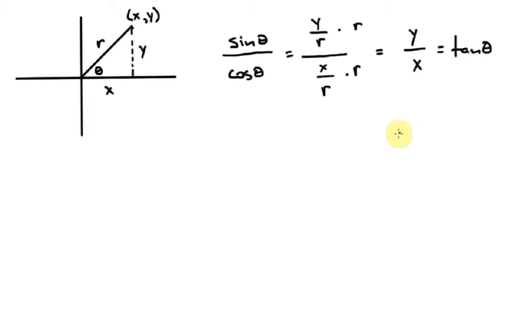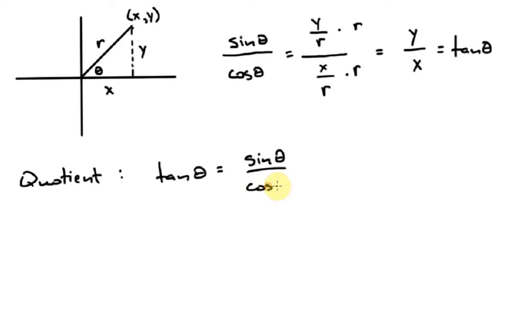Well, guess what? That is one of our quotient identities. So these are the quotient identities. And the first one that we just saw is that tan theta is equal to sine theta divided by cos theta. That's a really useful identity. Pretty nifty.